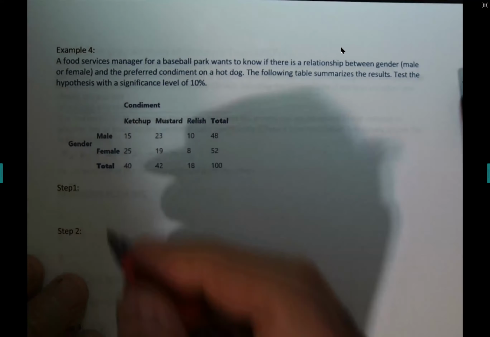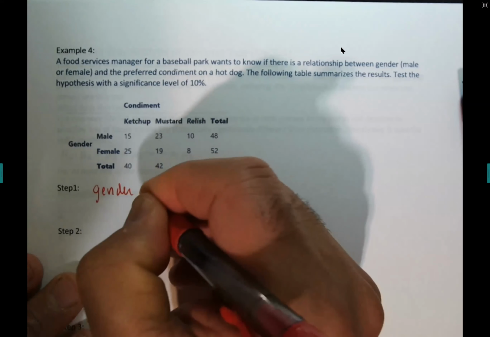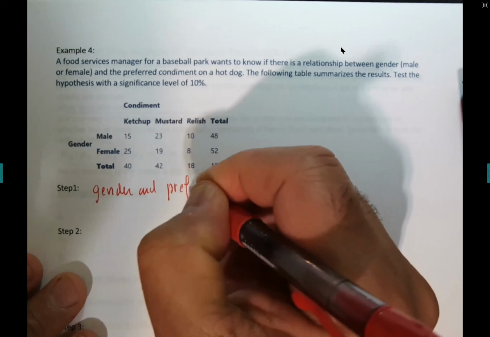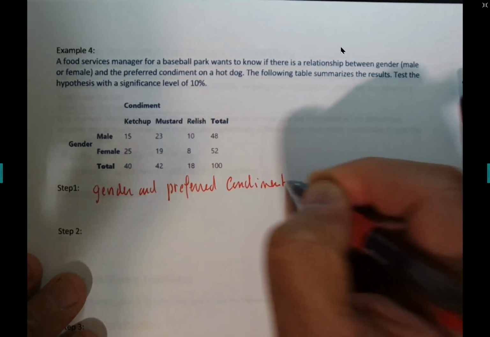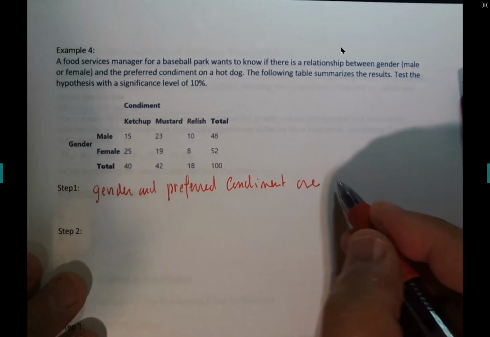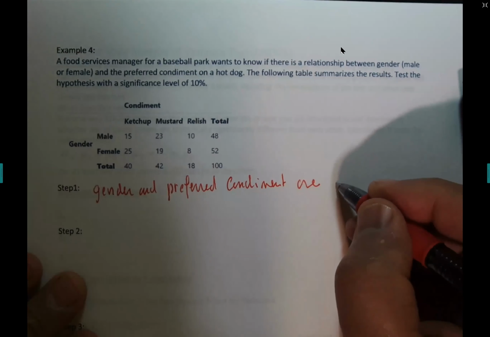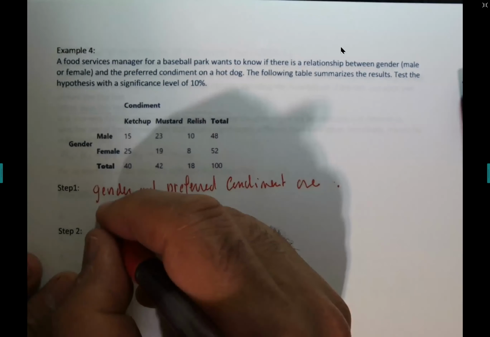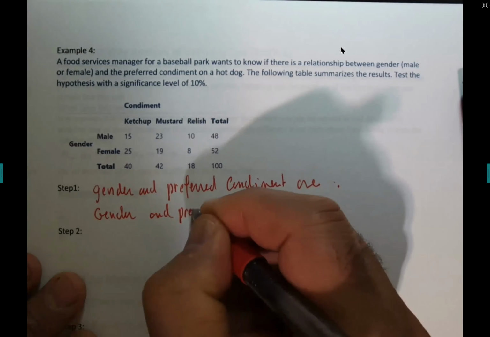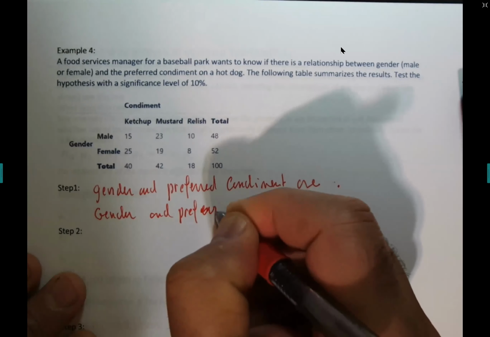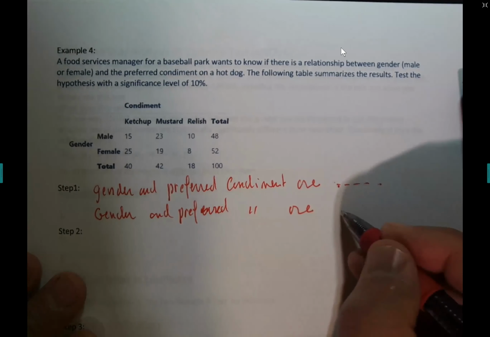Okay, so gender and preferred condiment are what? What's the word, guys? Can someone help me with the words here?